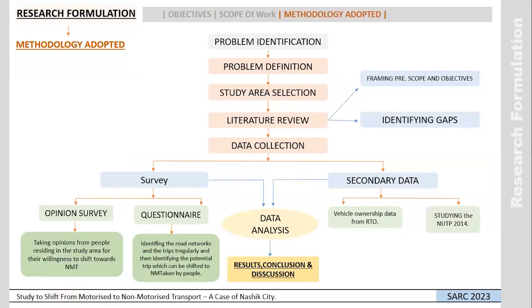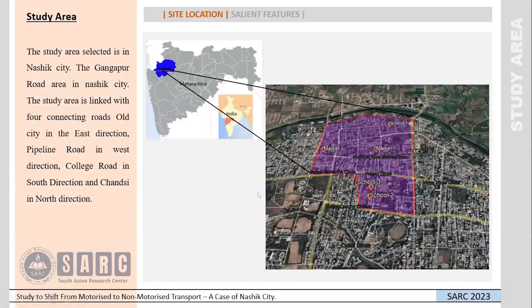Okay, this is my methodology. Basically, I have done a questionnaire survey in my study area, and based on my questionnaire survey, I have derived some conclusions. This is my study area. I have selected this study area because most of the people use motorized vehicles here, with high-income groups like HIG and HMIG people.